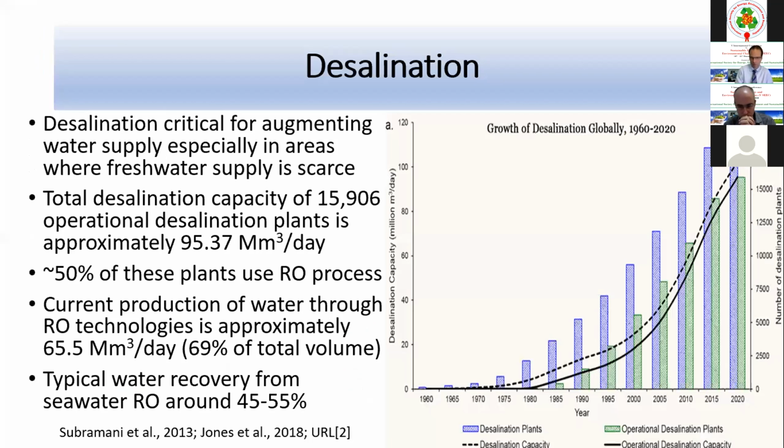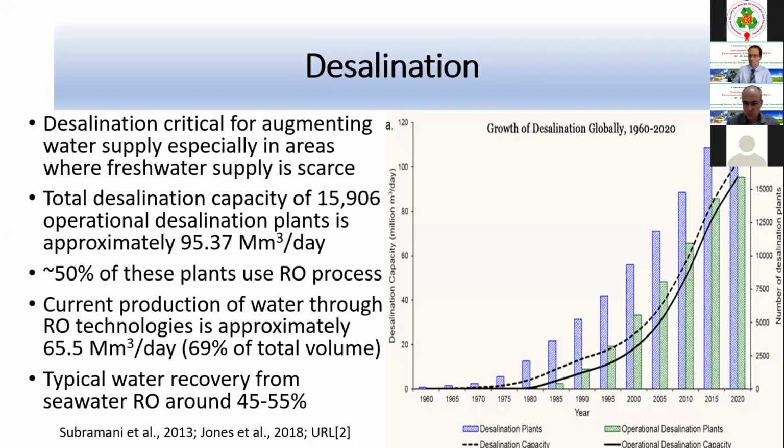One of the potential and critical solutions in augmenting water supply is desalination, particularly in areas where freshwater supply is scarce. If you go by the data, desalination globally is increasing, reflected by the increased number of plants and the increased global desalination capacity over time.